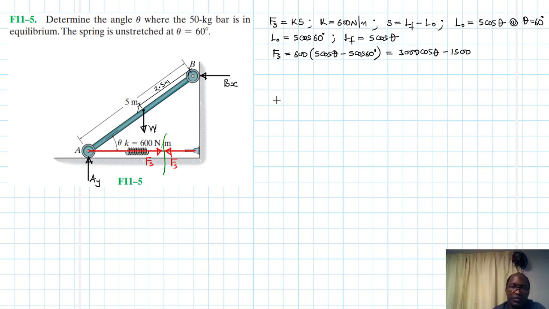That is Fs. Okay, so now let's apply a vector displacement. We are going to choose our reference.